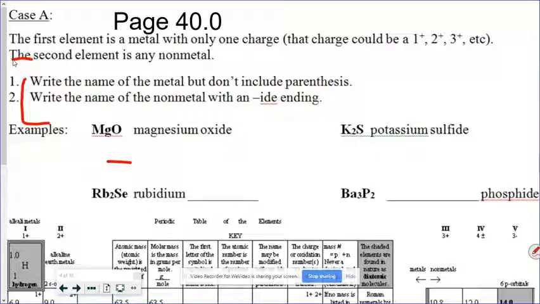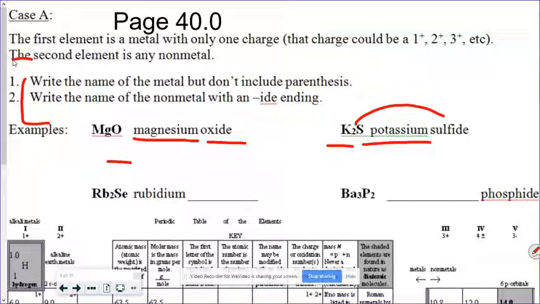So we simply write the name of the first element, magnesium, and we chop a little of the end of oxygen off, and we add "-ide." Another one's done for you over here. Potassium has only got one charge, and then we write that word potassium out, and then we change sulfur into sulfide.